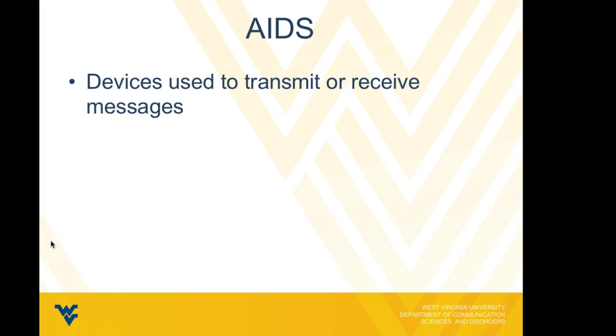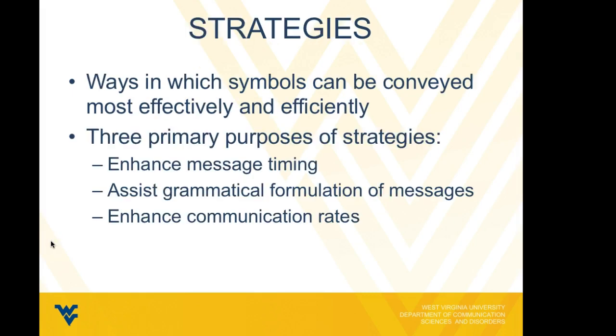Aids refer to the devices that we use to transmit or receive messages, while strategies are ways in which symbols can be conveyed most effectively and efficiently. So what kind of strategies the individual uses to, say, enhance their timing of their messages, assist with grammatical formation, or enhance communication rates.